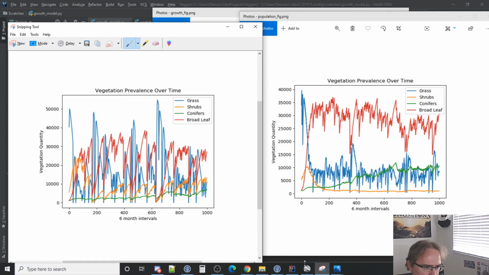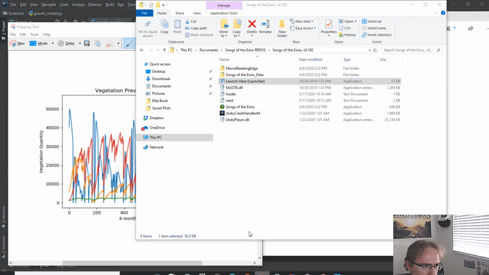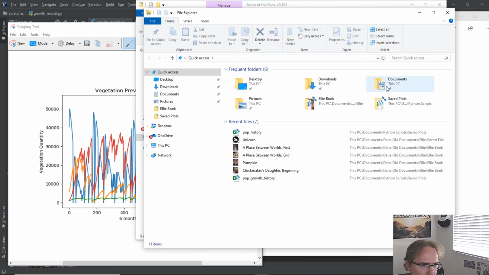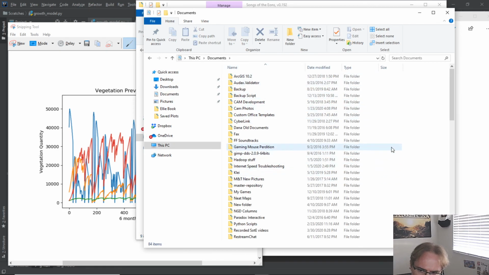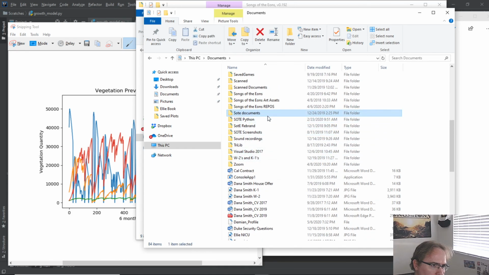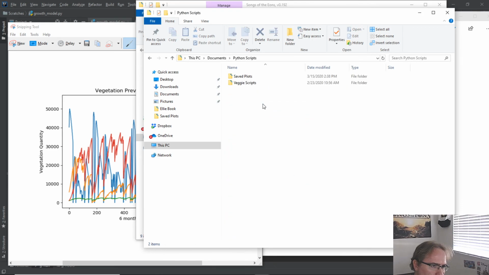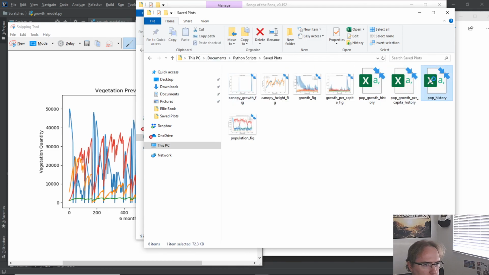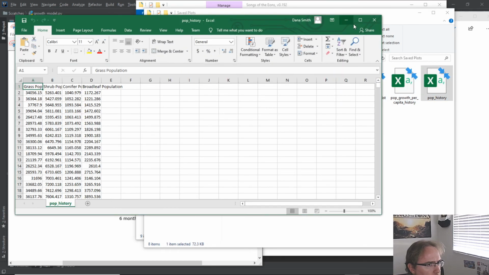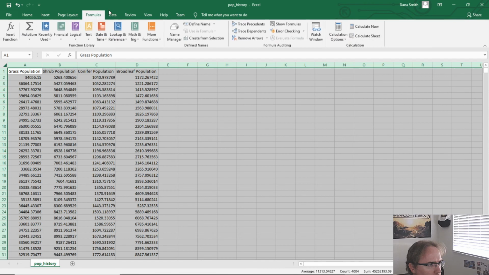Here, let's see something. I might have a suspicion as to why that's happening. We can dig into the data in more detail. Migrating trees. So here's our pop history. Let's just do an auto sum.